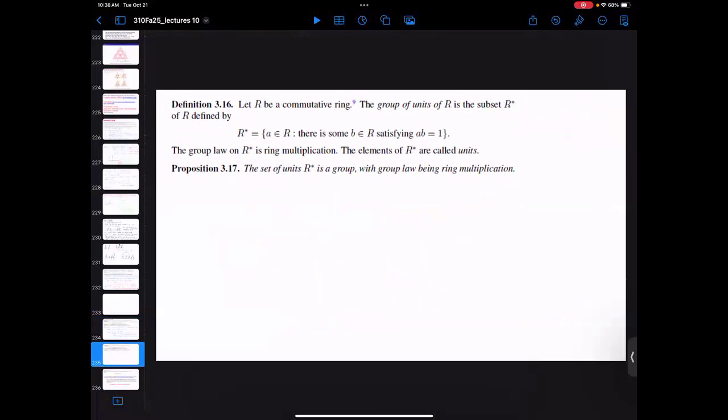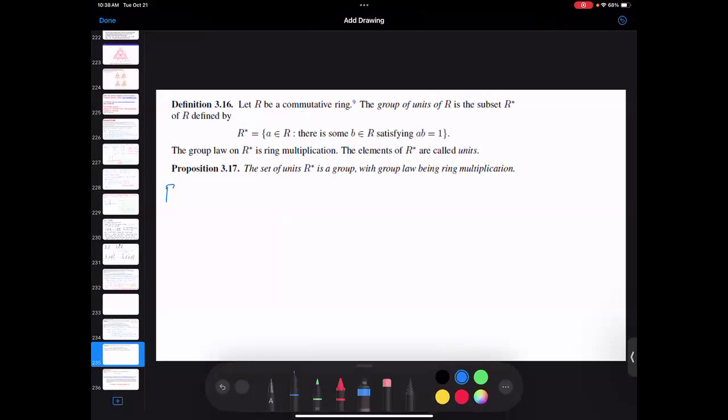So proof continued. We have to show closure. So what does this mean? We have to show if A1 and A2 are in R star, then A1 A2 is in R star. So let's unwind.